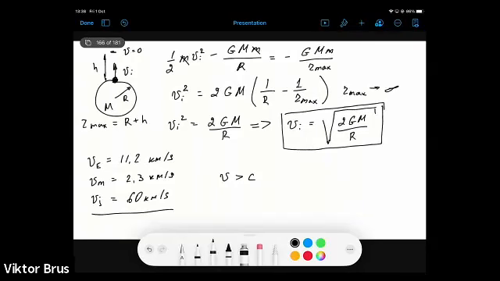Recently, a few years ago, we got a direct observation and visualization of a black hole, which is a really remarkable achievement, applying radio telescopes.